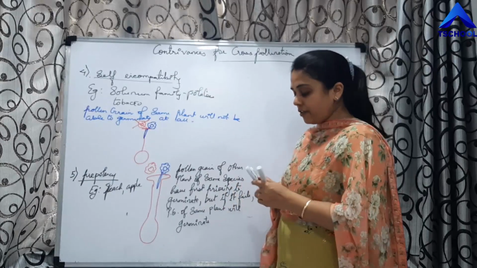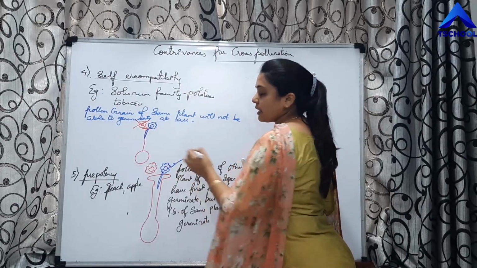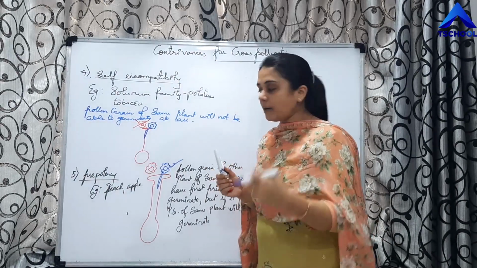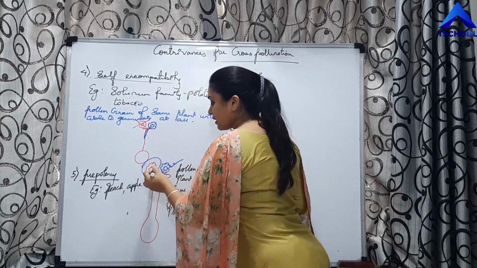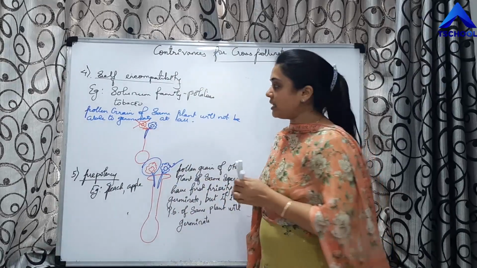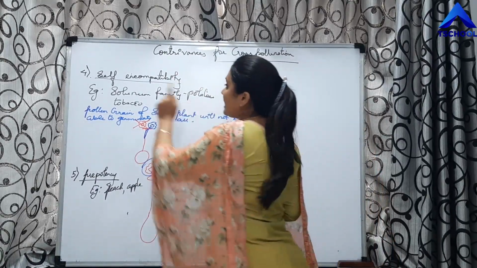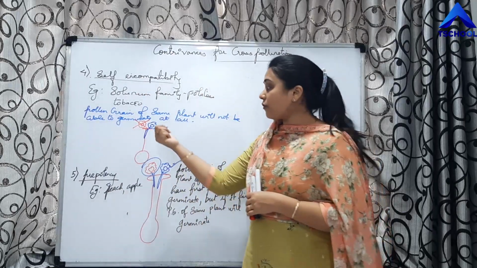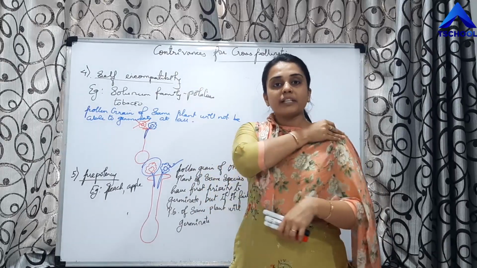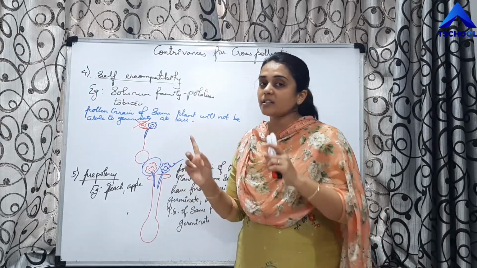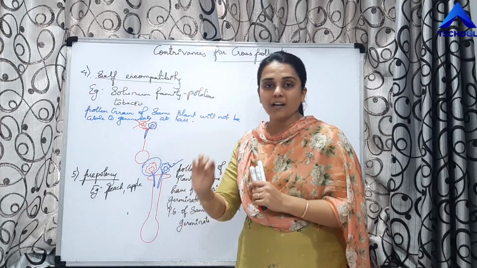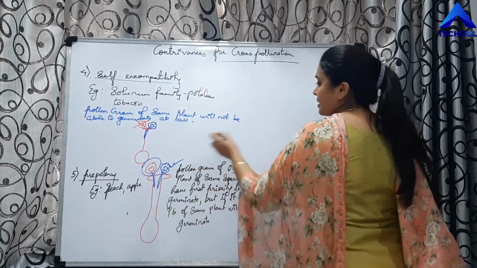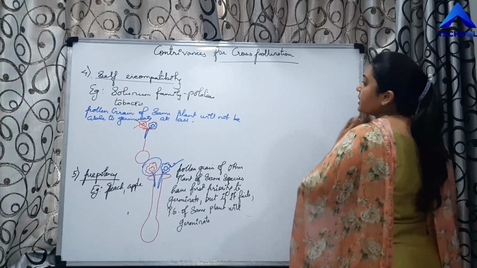So first preference is given to the pollen grain of the other plant, but if it does not come at all, then this pollen grain will be able to germinate. That is prepotency. In case of self-incompatibility, the pollen grain of the same plant is not going to germinate at all. It requires the pollen grain of some other plant of the same species only. So that is the next contrivance for cross-pollination.